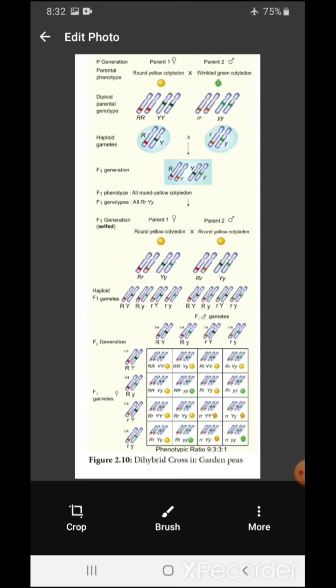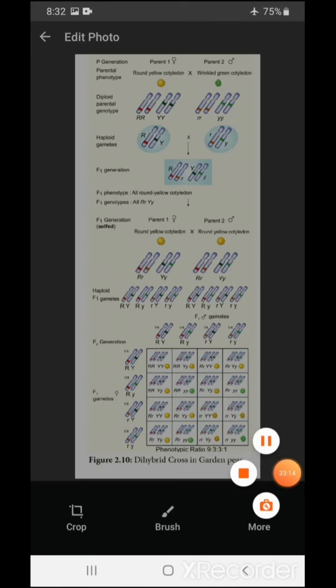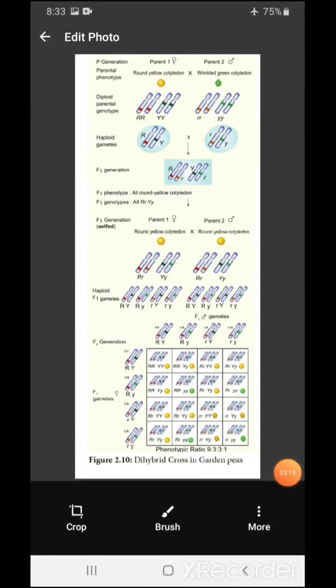So already we know about the 7 contrasting characters of the pea. They are located in different chromosomes. We know the 7 contrasting characters occur in Pisum sativum, and they are found in different chromosomes, such as 1, 4, 5, 7. These chromosomes carry the different contrasting characters.